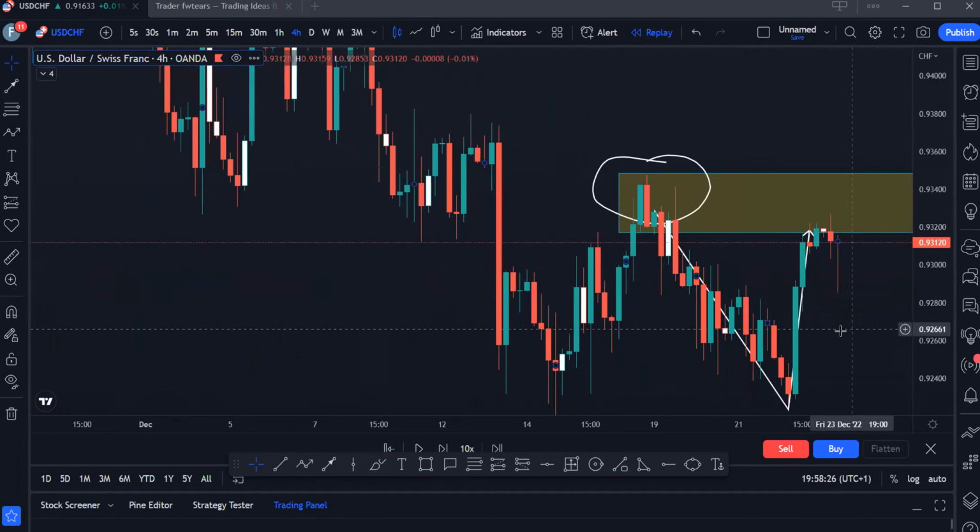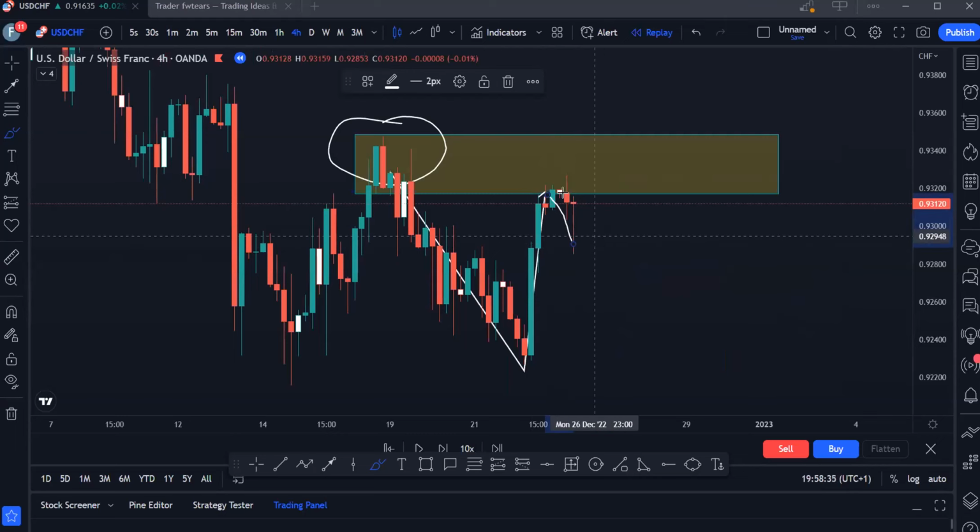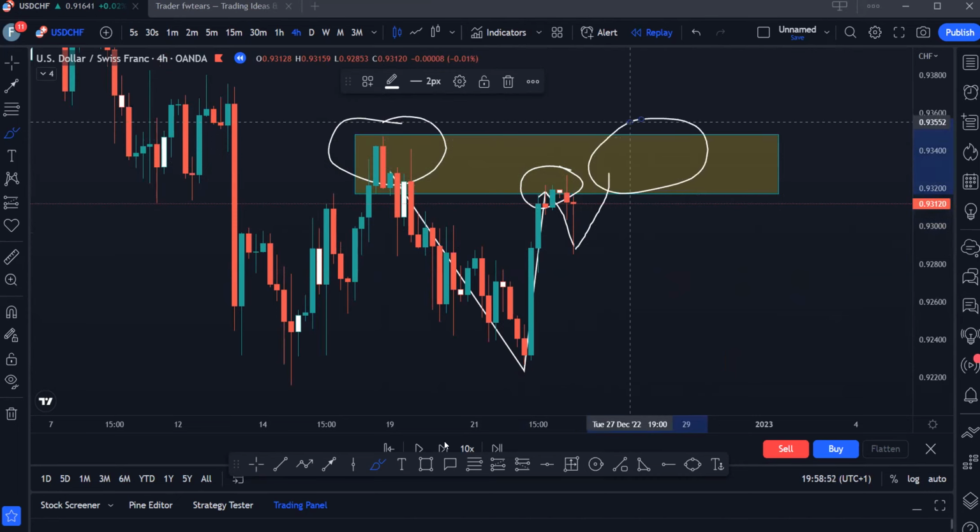So at the second touch over here, we can see a small reaction. So at the second touch, this has validated this resistance zone. That means if price should go back up into the zone again, if we see bullish candles align and go back up into the zone, we can be looking for possible sell opportunities.